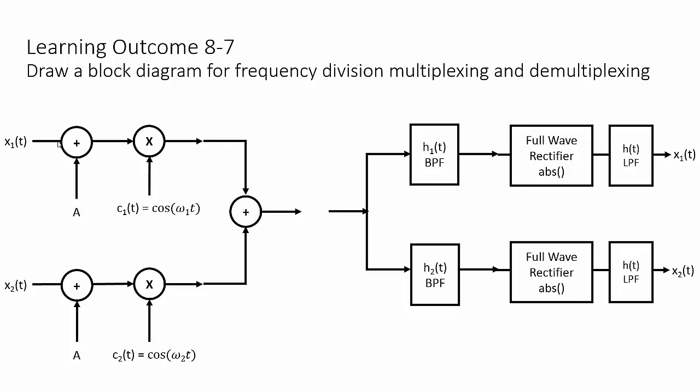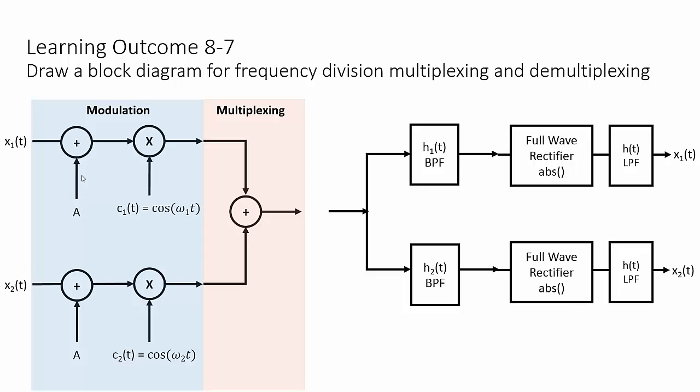Okay, the other case, we take our original signal, we add our amplitude, then we modulate. Adding of A guarantees we have a signal that is totally positive. That's a process called modulation. Again, combining them is multiplexing.